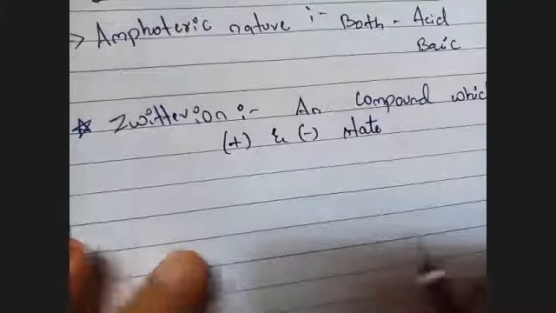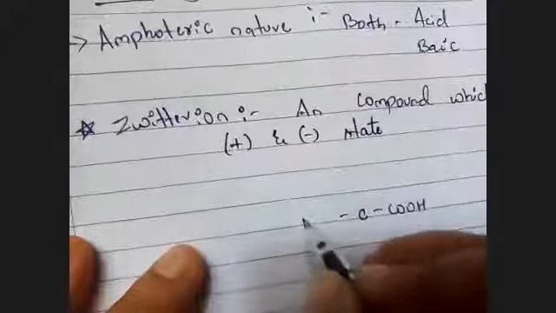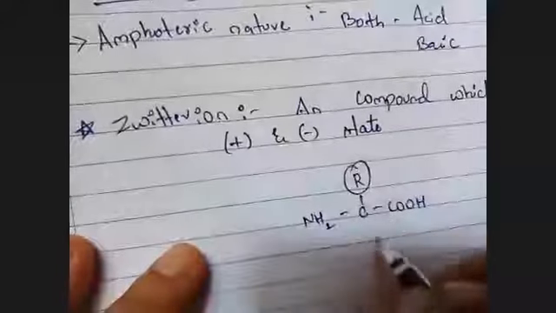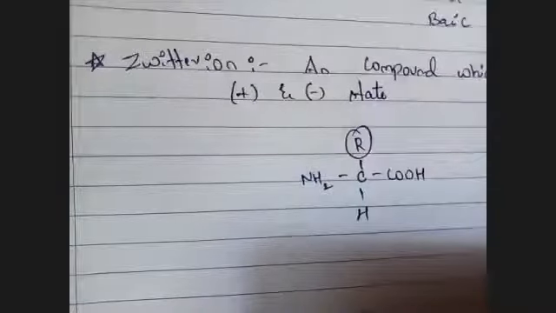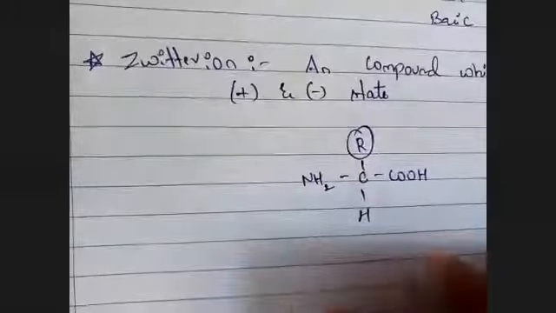You didn't understand, right? I'll explain. See, this is the structure of your amino acid. This is the R group, and this is H. What do you mean by zwitterion? This is the original state of your amino acid.